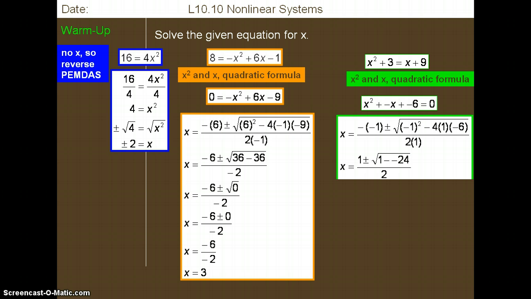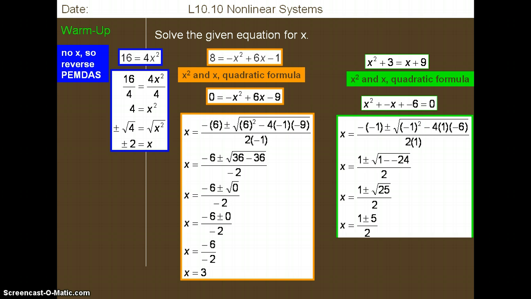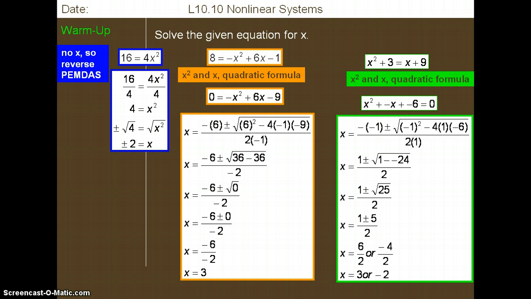I'm going to go slowly just in case you need to change something or try to identify your mistake. To find a result of x equals 3 or negative 2.